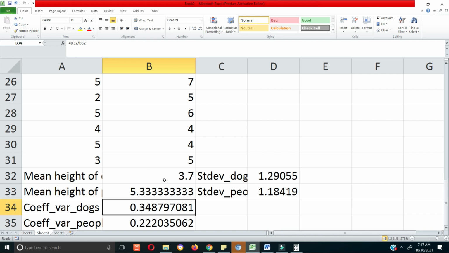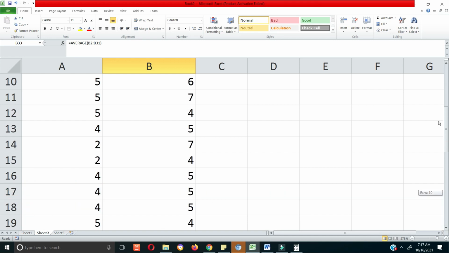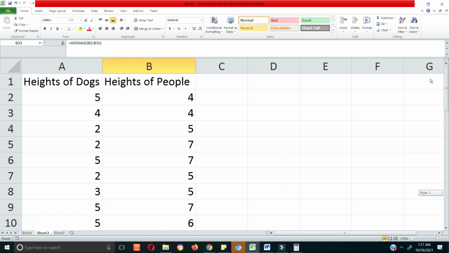but for people, we have a higher standard deviation. Do we? I have to be sure. So mean height is 3.7, mean height is 5.3. So this is 4 to 7. We still have the same kind of data.